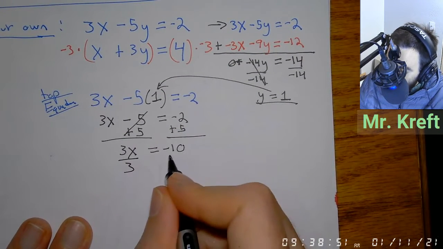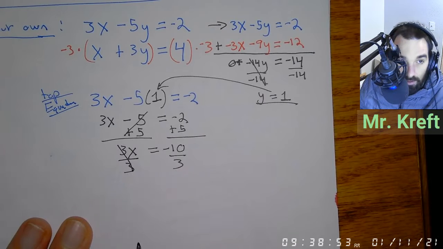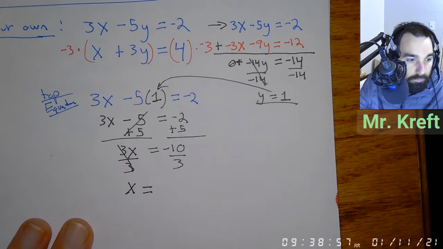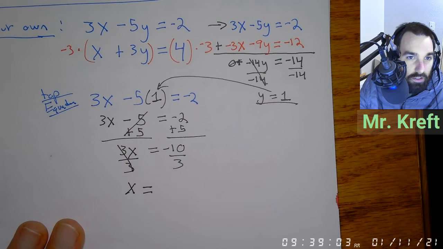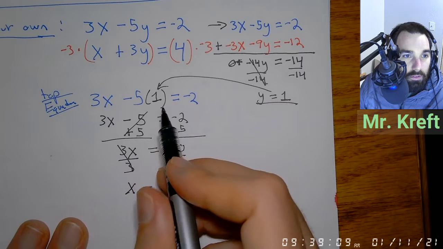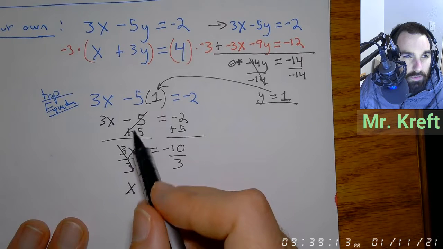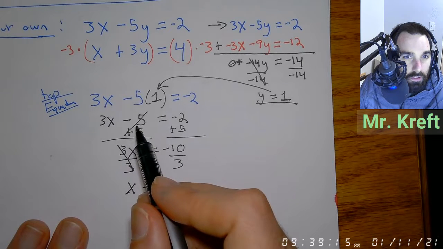And then I'm going to divide by 3. So I get x equals, did I do, okay, I'm just trying to figure out. 3x minus 5, and then I times it by 1. So that's -5.